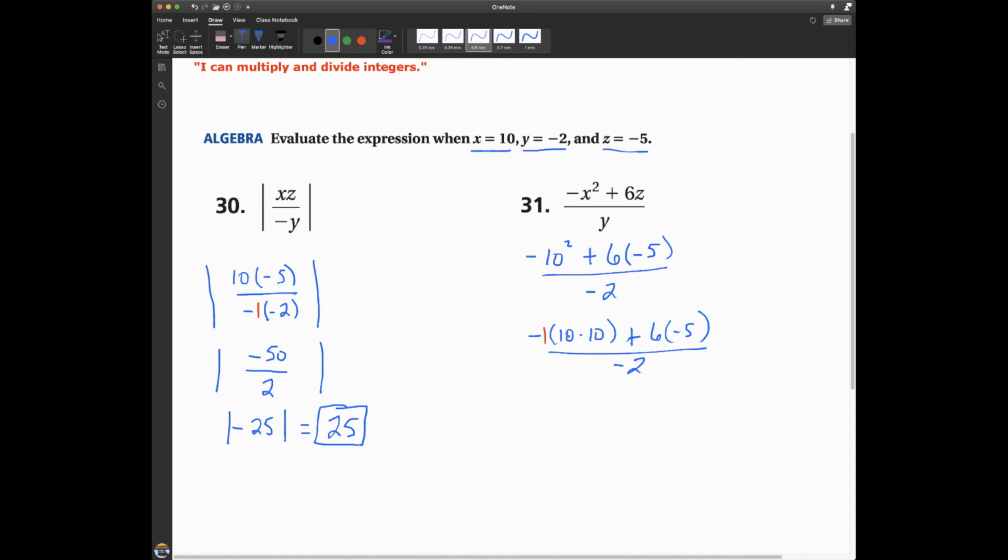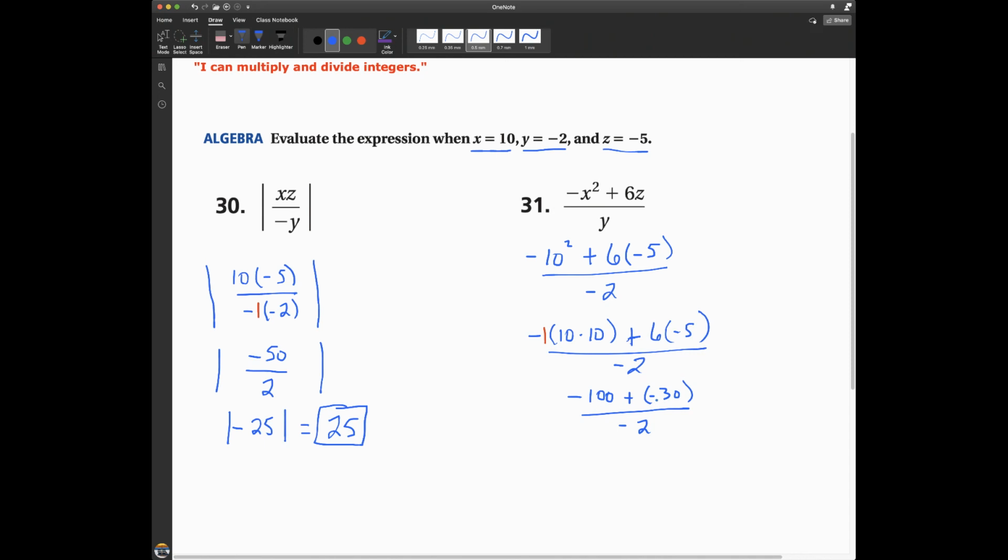So in parentheses, 10 times 10 is 100. 100 times -1 is -100. Plus 6 times -5 is -30. And that is divided by -2.